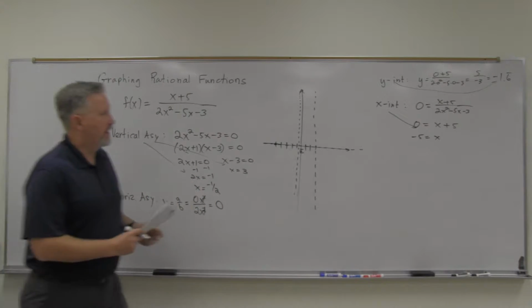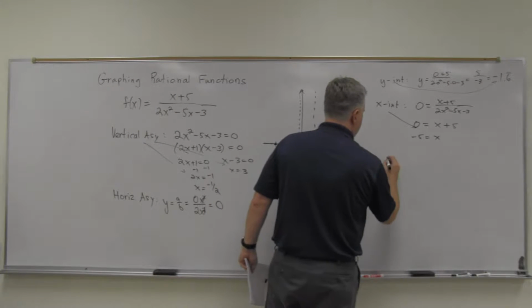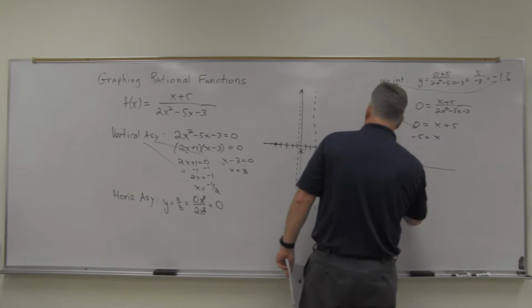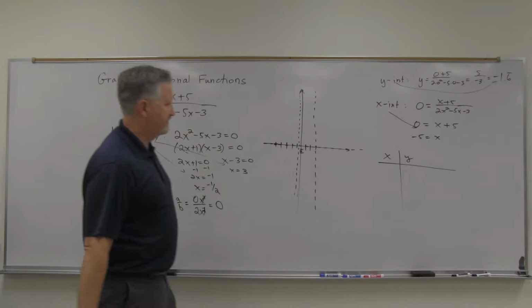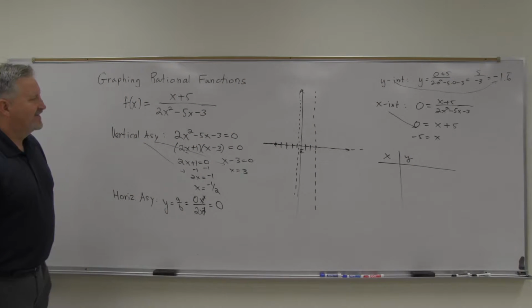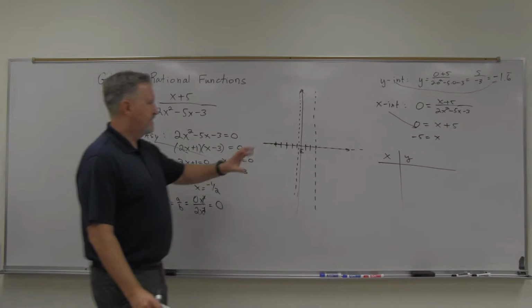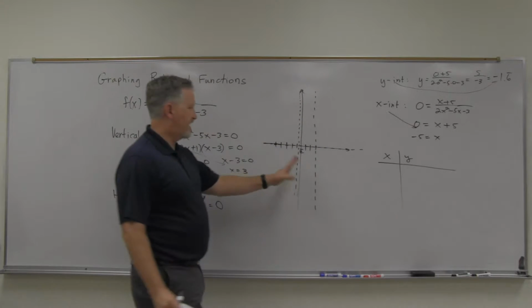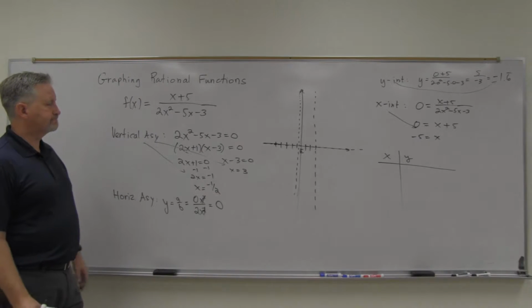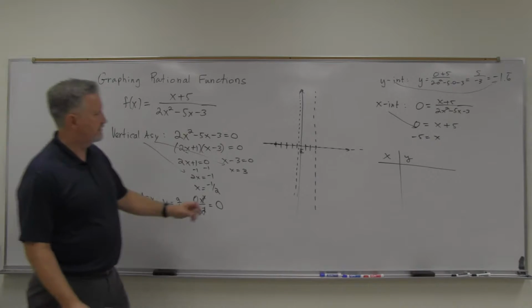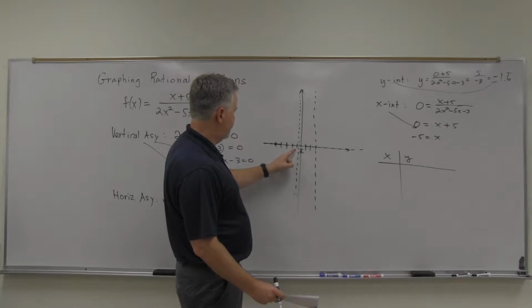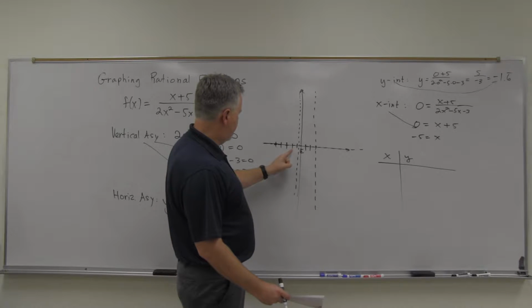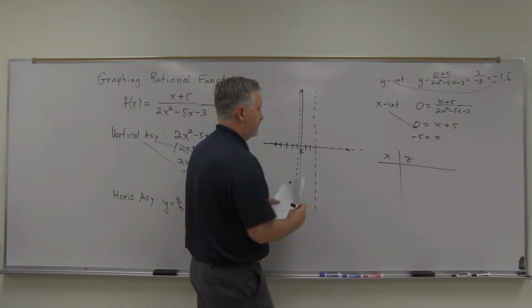What's going to happen there? All right. But that's still just a couple of points. I would strongly suggest you do a couple other points here. So again, the x values for my table, values around the vertical asymptote. So let's throw in here negative 2 and negative 1?